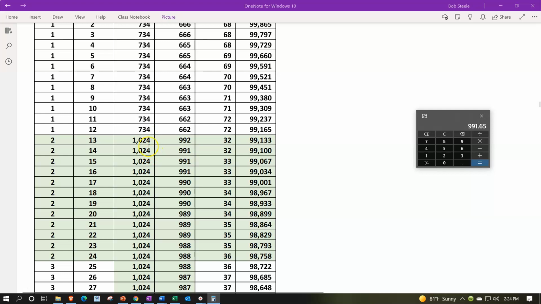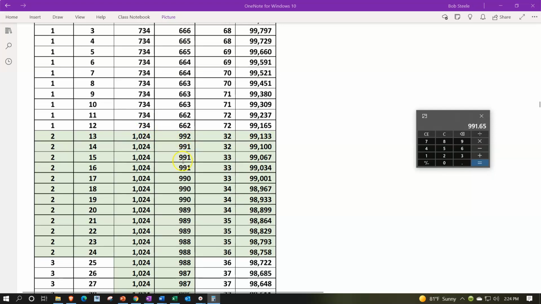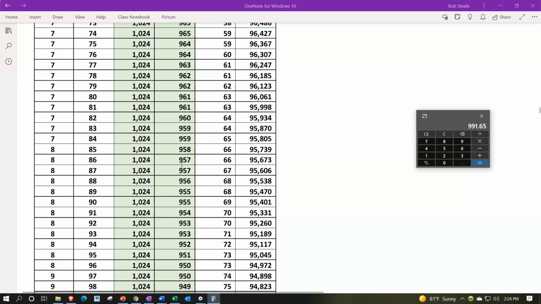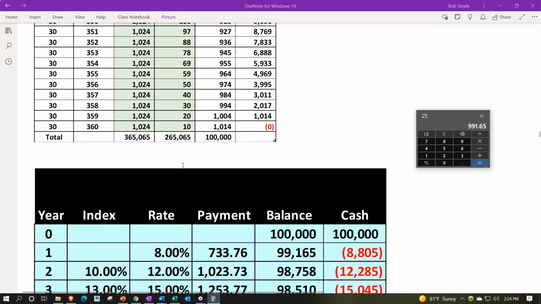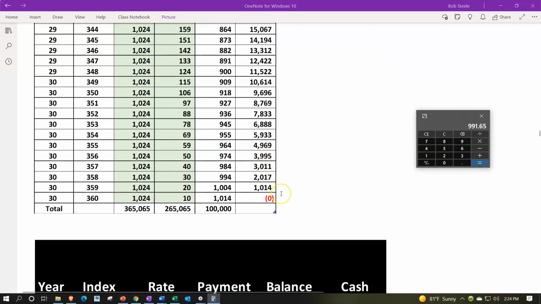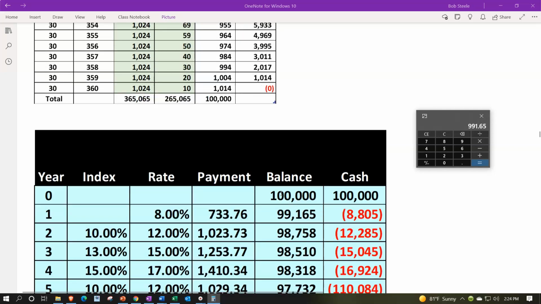I would copy that all the way down, as if that's going to happen for the next 30 years, because I don't know what's going to happen after that point. So we're after year 2, and we made this change from year 1 to year 2, changing the payment amount, changing the interest amount, copying that change all the way down. And we can double check our table then and say, what does that do? That makes us go back to 0 at the bottom down here, giving us some indication that it's been done properly.